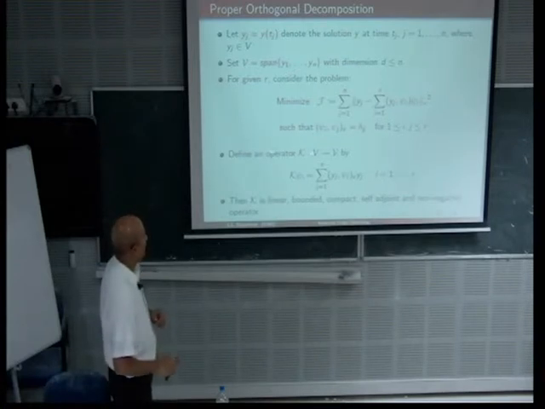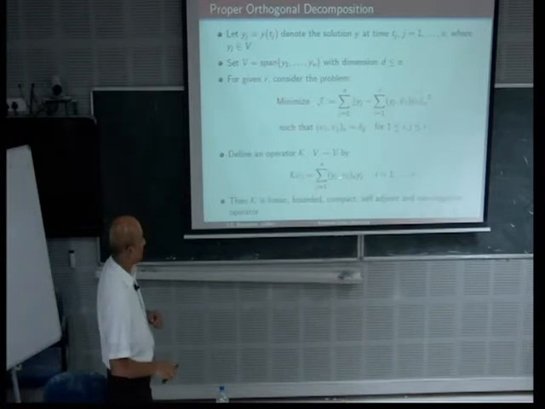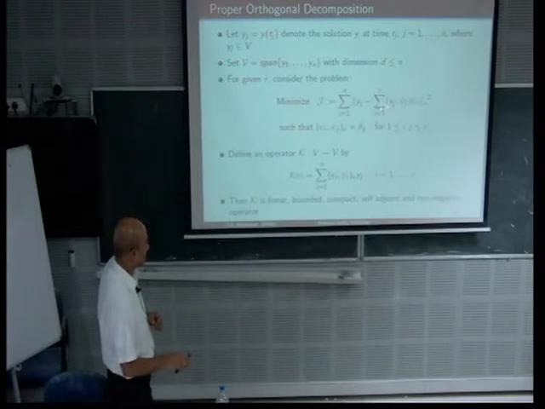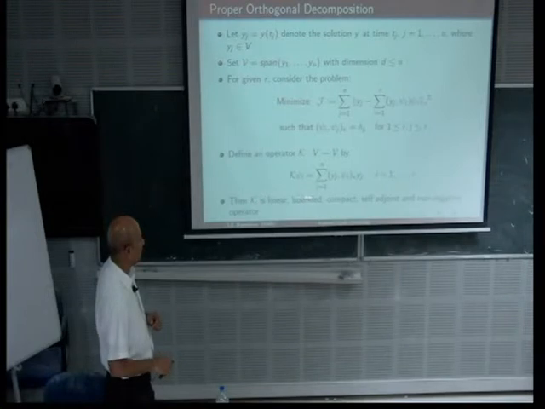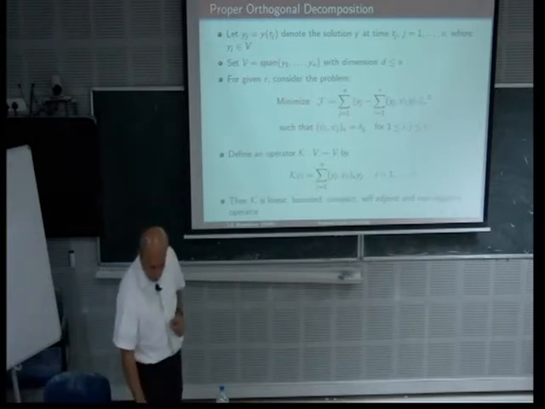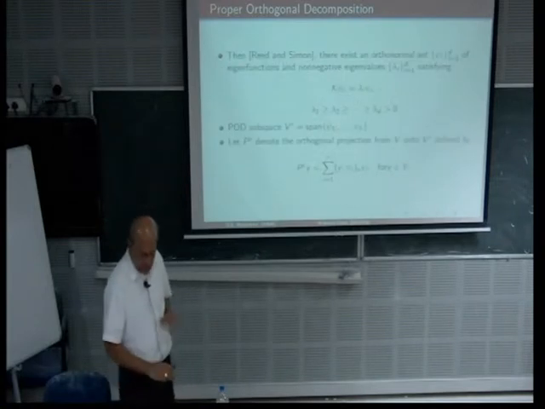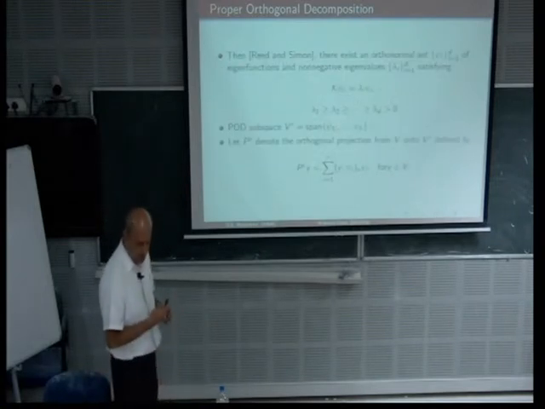If you define an operator from V to curly V by this formula, which I picked using y_j and psi_i, then you can show it is a linear, bounded, compact, self-adjoint, and non-negative operator.